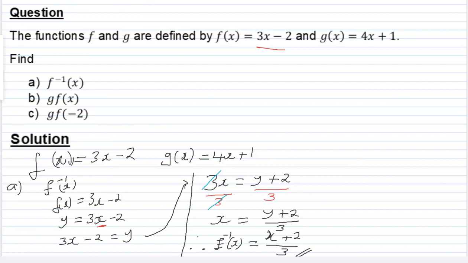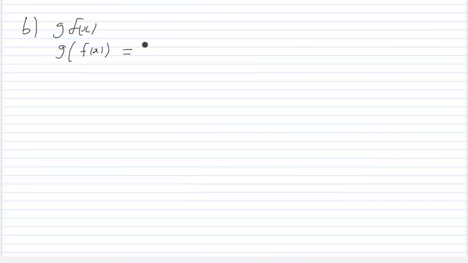That is our f of x. So here where there is f of x, we are going to put that. So you write g the way it is, and then here in brackets you put 3x minus 2, because that is our f of x.